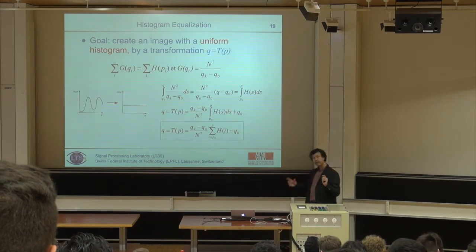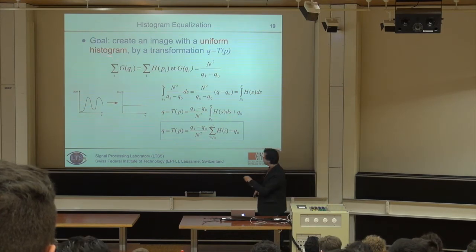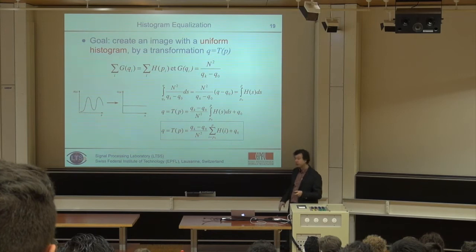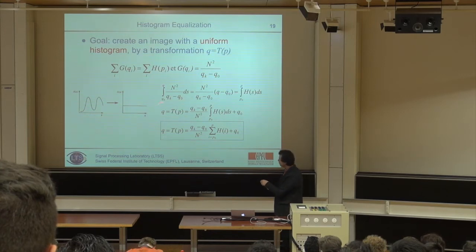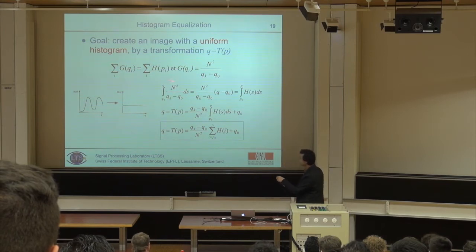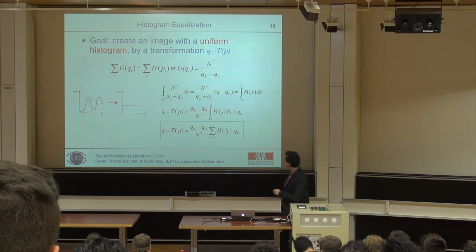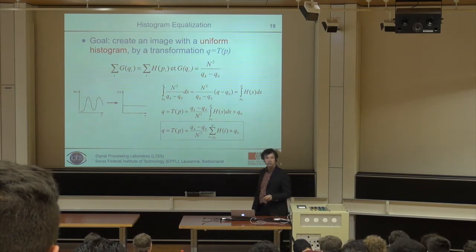And again, here I'm mixing a little bit the discrete and the continuous formulation. This is a simplified way to explain it. It's not extremely rigorous. But the total number remains the same, that I can easily calculate as an integral. Q0 and Qk are the range of my output image. Let's say it's 0 to 255.